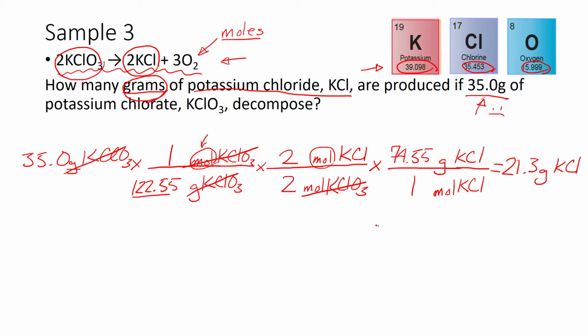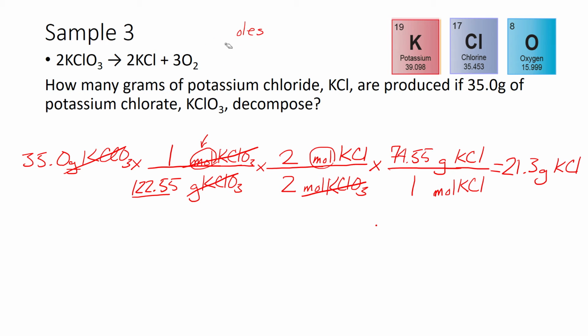Good. Here, let's review what I did in this problem. Let's get rid of all of this junk. It's very satisfying to see all that stuff disappear. Okay, so the very first step here, I converted to moles.